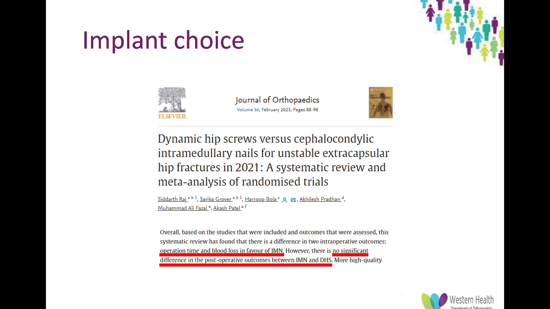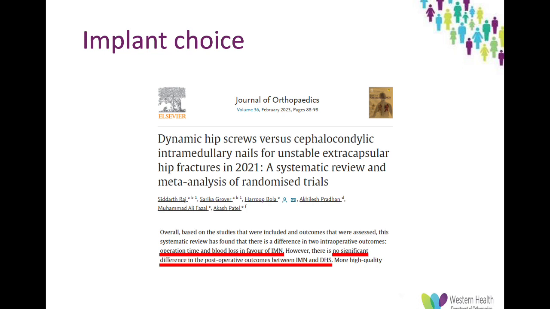This was an article, a systematic review and meta-analysis published in 2021, which demonstrated that comparing DHSs versus intramedullary nail, there was a difference in terms of operative time and blood loss in favour of intramedullary nailing.